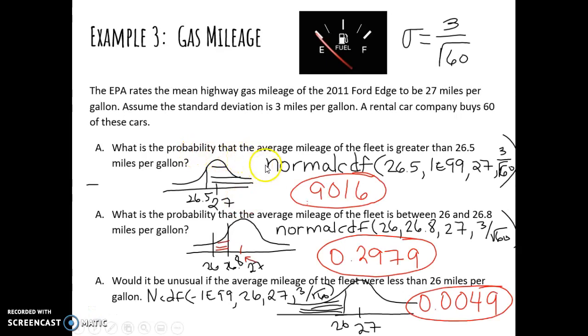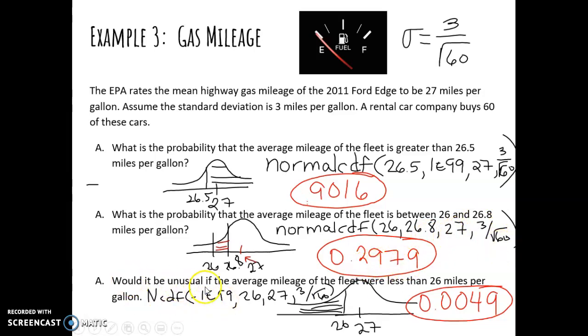Okay, so for the first one, we're going from 26.5 greater than that, so normal CDF 26.5, infinity, 27, and then the standard error 3 over square root of 60, and we got 0.9016. Between 26 and 26.8, we did normal CDF 26, 26.8, 27, 3 over square root of 60, and we got 0.2979.